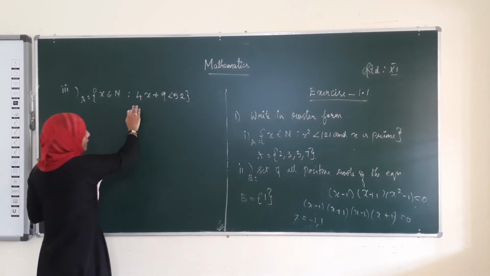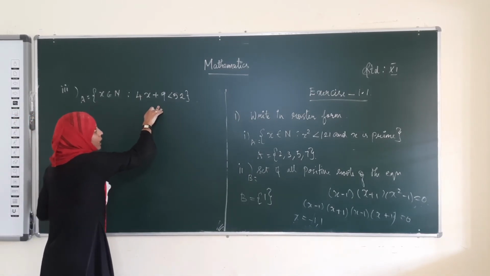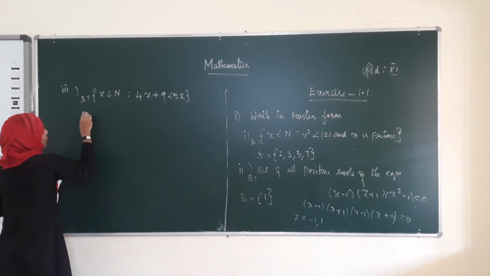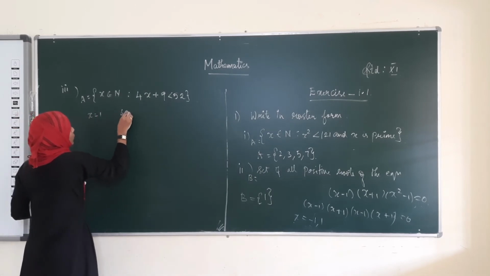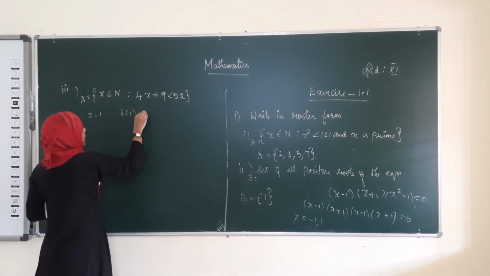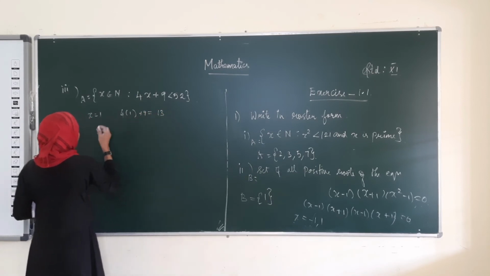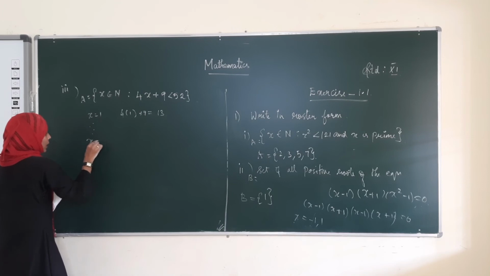It must satisfy this condition, that is 4x plus 9 less than 52. The natural numbers start from 1. Therefore, let us take the value of x as 1. 1 means 4 into 1 plus 9, which is 4 plus 9, 13. Okay. Likewise, let us go on.